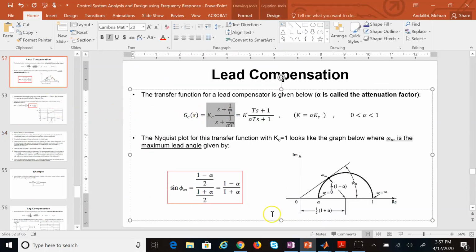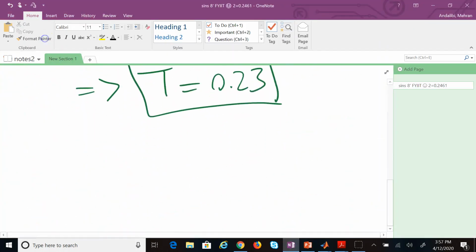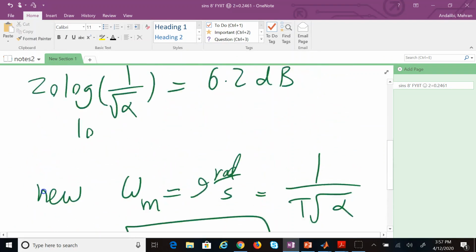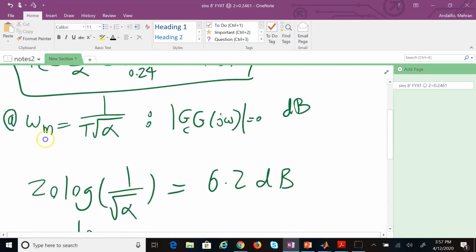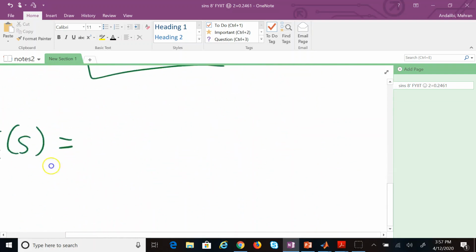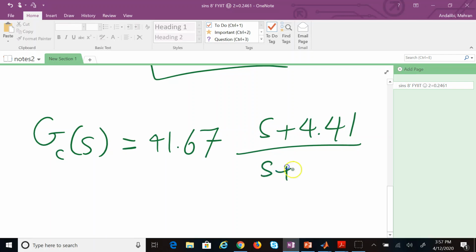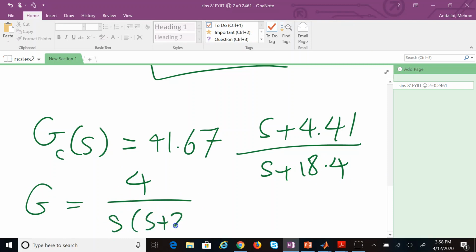So now my compensator Gc of s is going to be Kc, which was 4167, times s plus 4.41 divided by s plus 18.4. Okay, that's my compensator. And G was 4 divided by s times s plus 2.